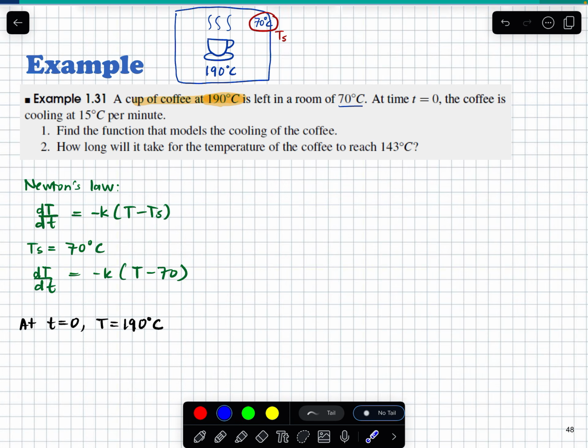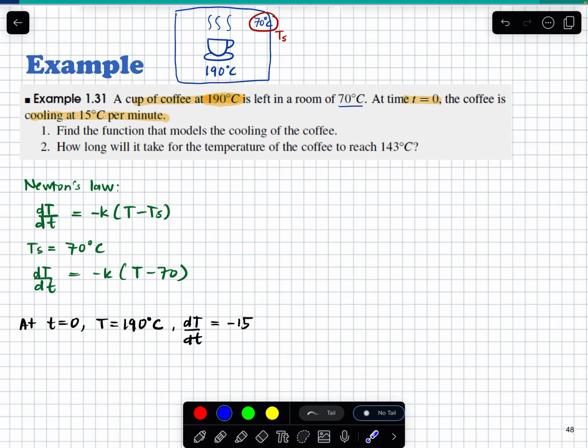And also, we have another piece of information here. At time t equal to 0, the coffee is cooling at 15 degrees Celsius per minute. So at t equal to 0, the cooling rate, which is dT/dt, equals negative 15.